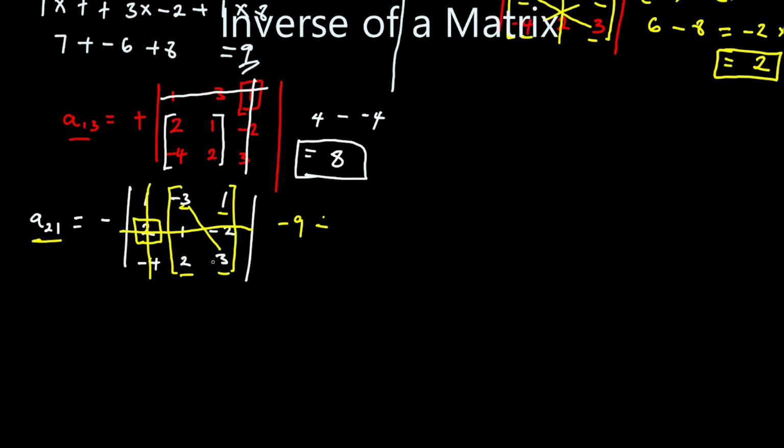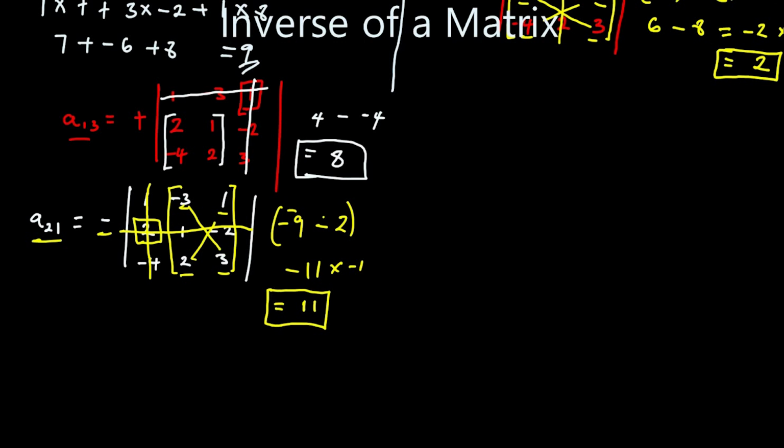Then minus 2 times 1 is minus 2. So we have minus 9 minus 2, which will give us minus 11. And the sign here is negative, so we multiply this by minus 1 so that our answer is a positive 11. And this is the element that is going to be formed in the position A21.